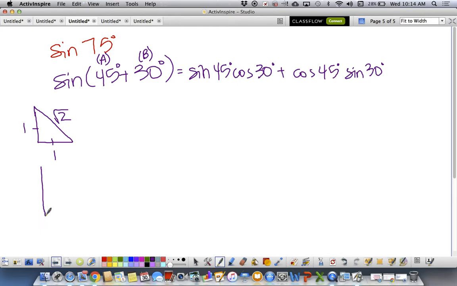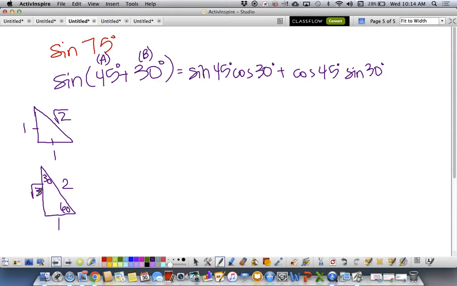What about the other one? You need to be able to reproduce those triangles at any moment. We've been doing triangles for about 2 full quarters now, at least.